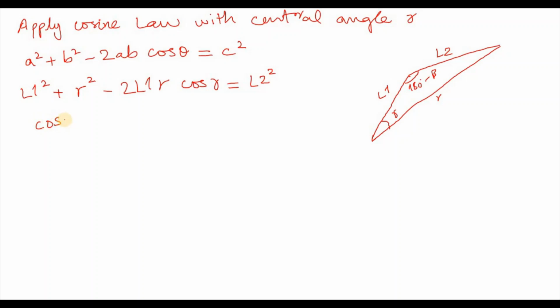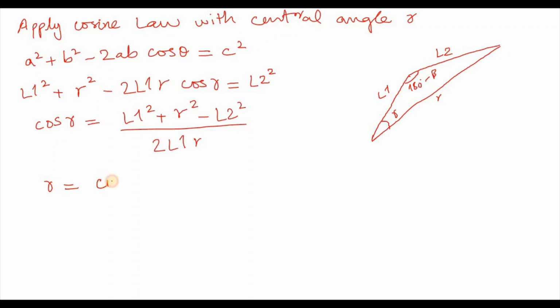So cosine of gamma is equal to L1 square plus R square minus L2 square divided by 2 L1 into R, and from here you can calculate your gamma.